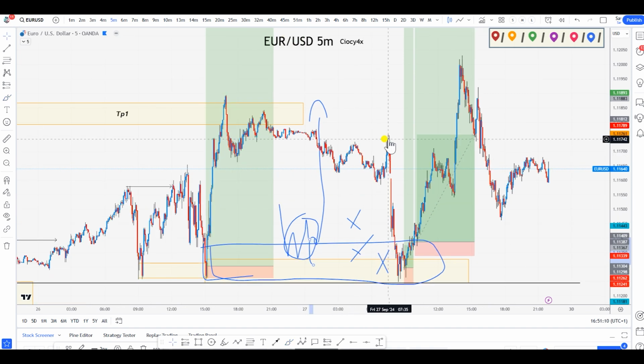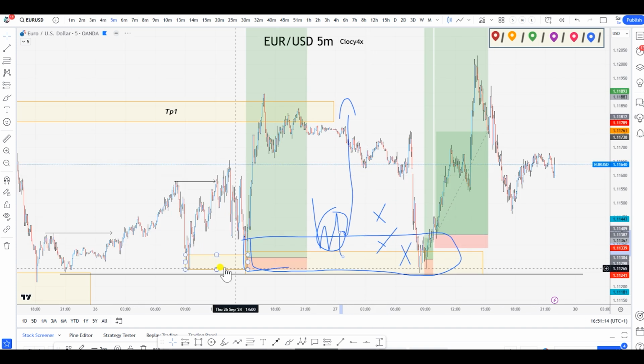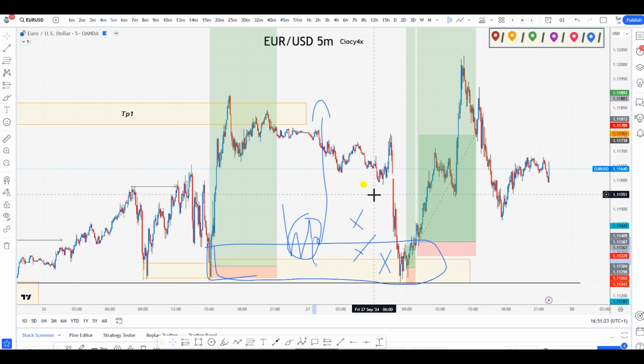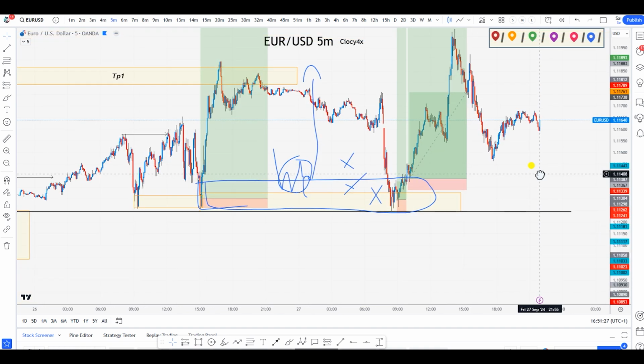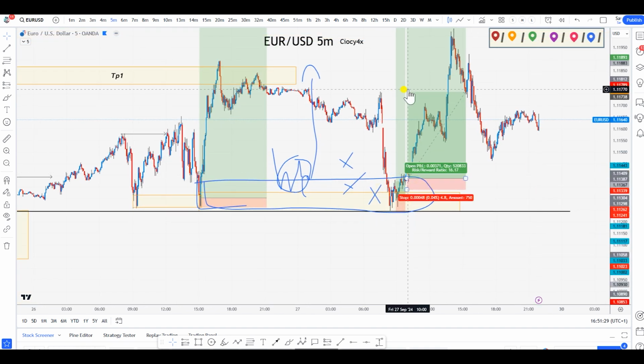Here, in this level, I know many people they shorted because of this equal low over here, this equal low over here. And I was like, no, I'm going for buy. But guess what? Potentially, right, price could have even come all the way down here. So in this case, let's say that none of my buy will have happened. Let's say the price will have eventually come down here, broken the structure.